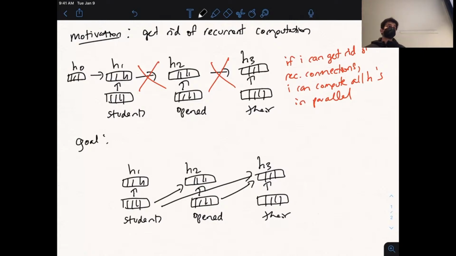And if I can get to this point, then I can compute these things in parallel. Hopefully I can be fairly efficient about how I do this too. So we're going to see how we can boil this down into a combination of attention and a couple matrix multiplications to do basically all the computations of these h's in parallel. That'll be our goal for the rest of this lecture.